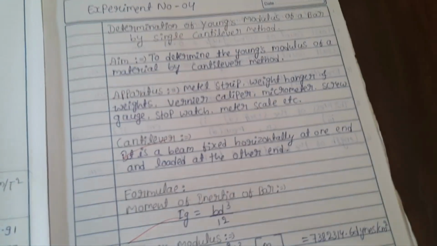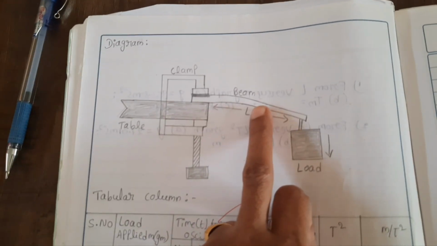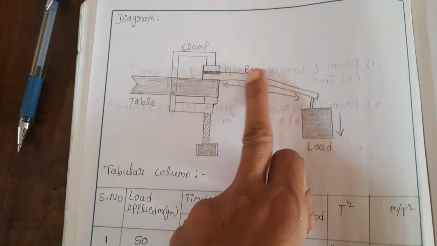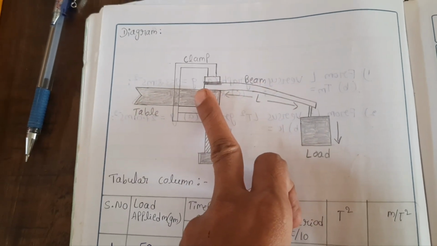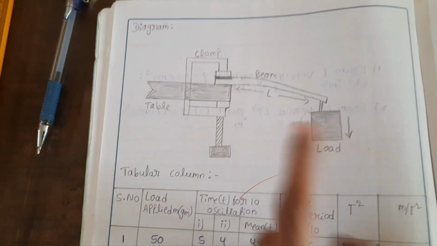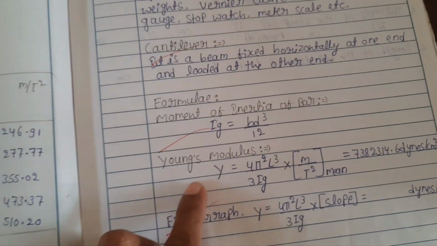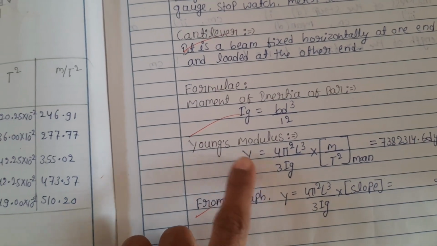So first we should understand what a cantilever is. A cantilever is a beam fixed horizontally at one end and loaded at the other end. So what is the formula to calculate the moment of inertia before calculating Young's modulus?